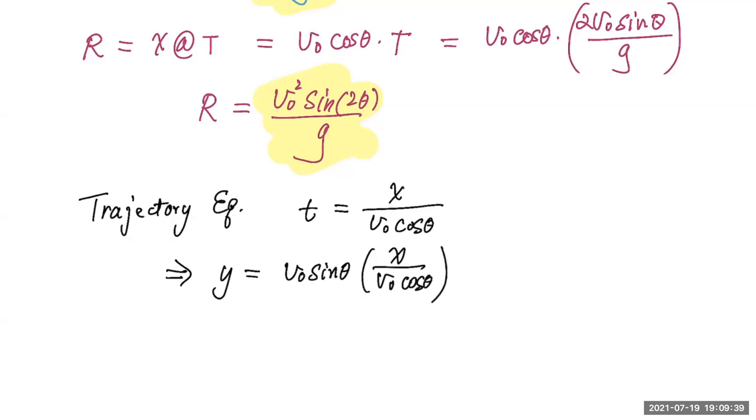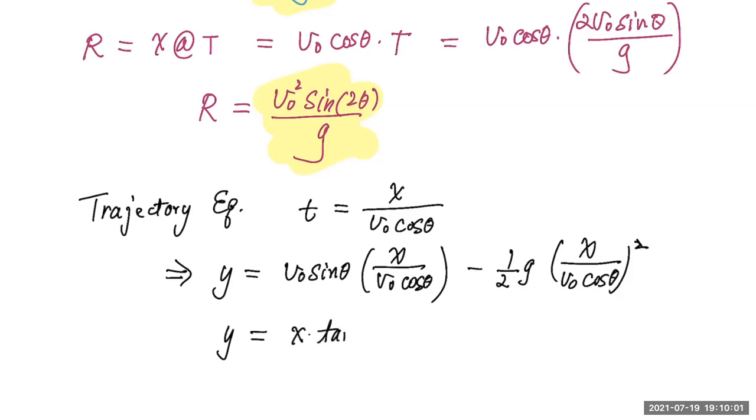Okay, and the next term is minus 1/2 g t squared. And again, t is given by x over v naught cosine theta, and then square that. Let me just clean things up a little bit. So y equals, v naught cancels with that v naught, and sine over cosine is tangent, x times tangent of theta. That's the first term.